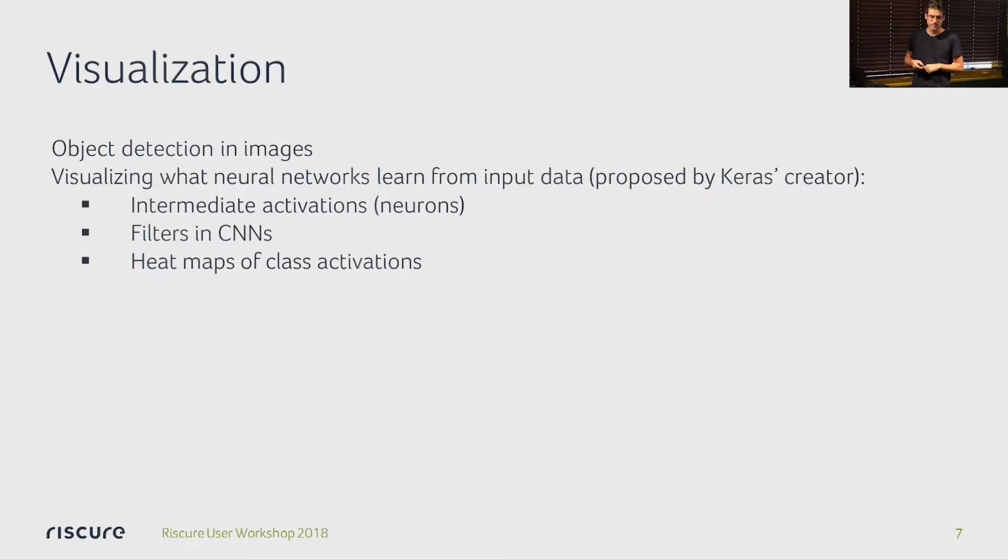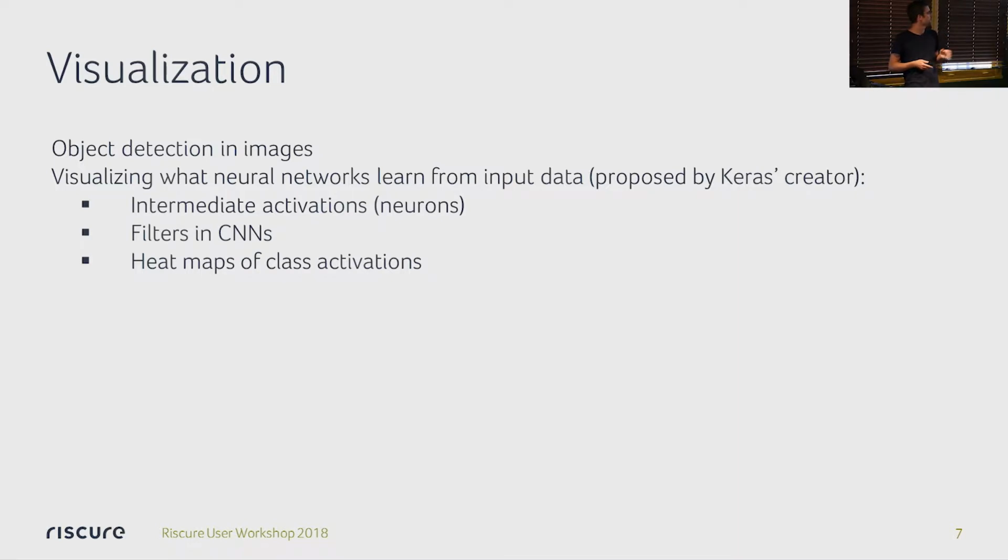If you are familiar with the frameworks for deep learning, you probably heard about Keras, which is one of the most used frameworks. TensorFlow is from Google. It's a huge framework, and Keras was built on top of TensorFlow to make it simpler. It's a very good framework, and there is a book from the Keras creator that proposes different visualization methods, and three of them interpret the input information and how it is related to the layers in the neural network.